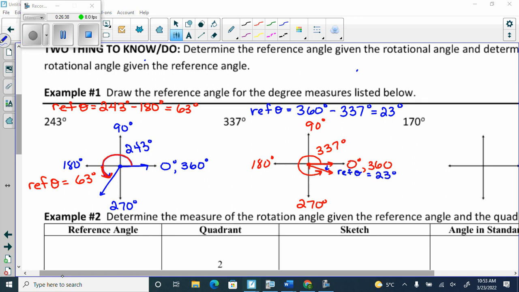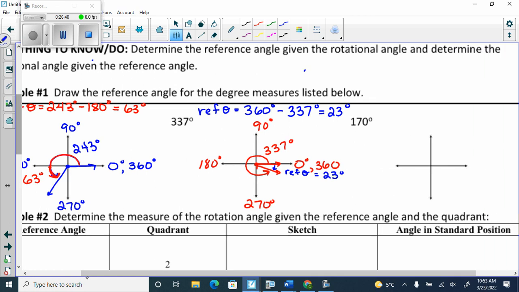Next one, I label. What quadrant is it going to land in? 1, 2, 3, or 4? 2. Because 170 falls between 90 and 180, right? It's 10 less than 180, so it's going to be very close. 170.